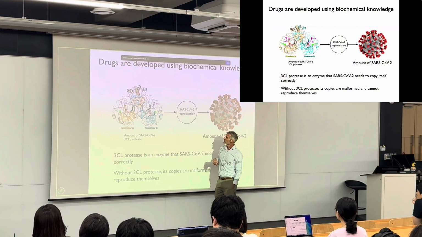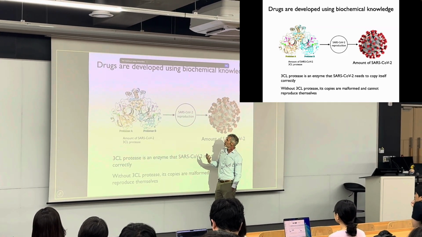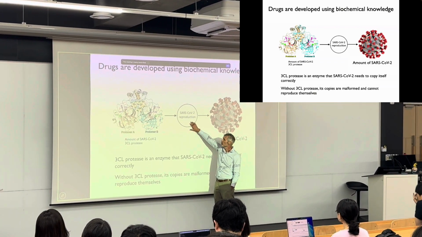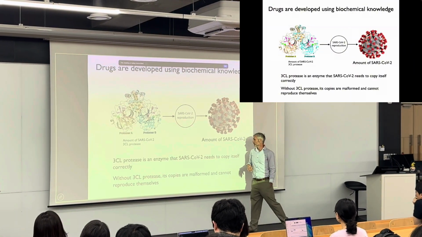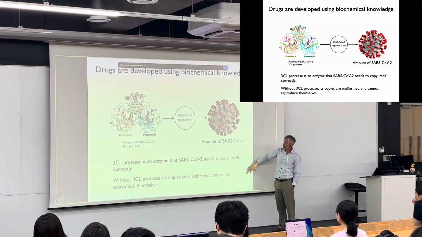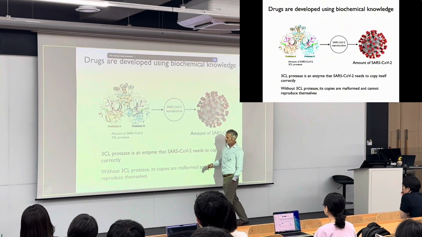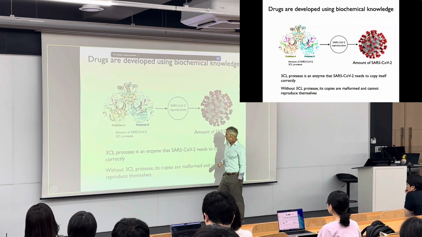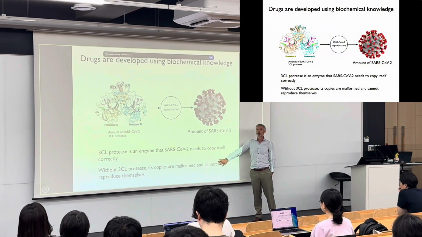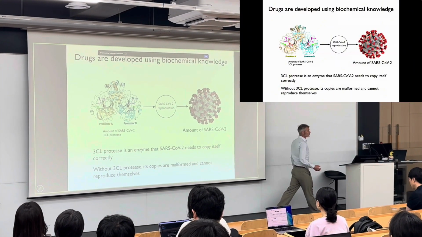And this is an enzyme which is important to SARS-CoV-2 and allows it to reproduce. Okay? So it's an enzyme that it needs to copy itself correctly. If the virus doesn't have 3CL protease, then its copies are going to be malformed and it's not going to be able to successfully reproduce itself.